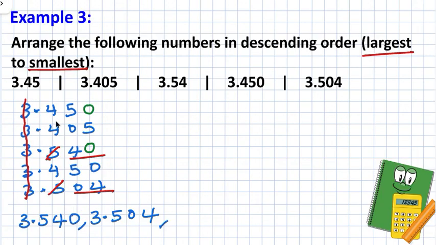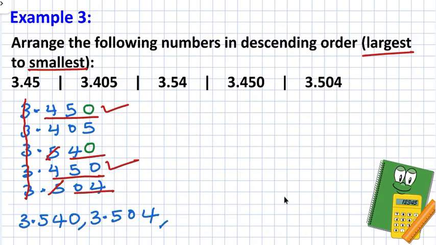So the 3.5s are the biggest. Now we go to the 3.4s. For the 3.4s, we want to know which of them is the biggest. So we have 450, 405, and 450. Can you see that? We have 450, 450, and 405. So that means these two numbers are the same, so we can write any one.